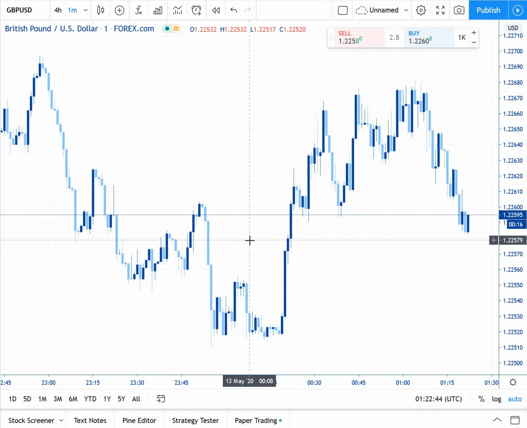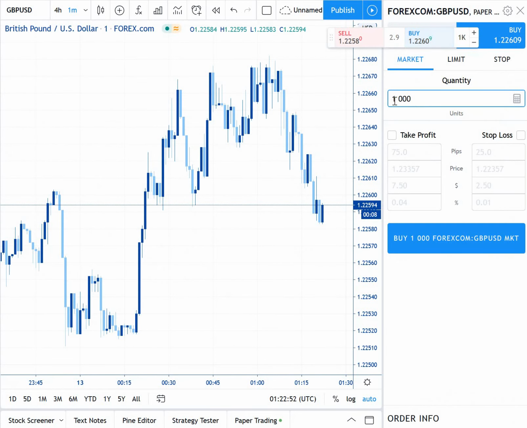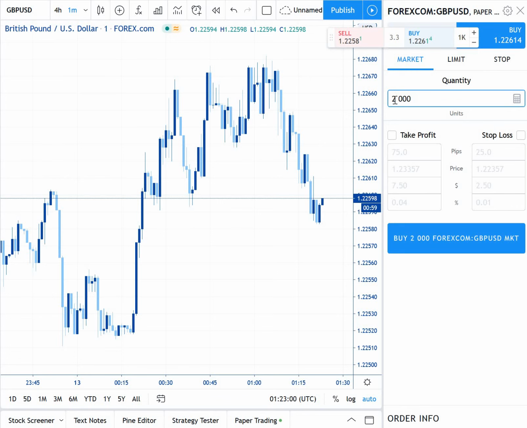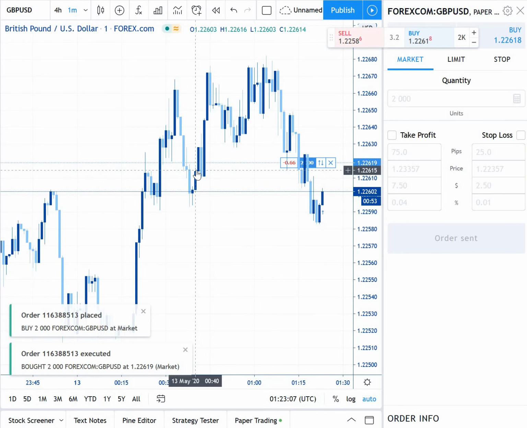I'm going to buy this with the expectation that it's going to go up. This is not recommended if you're a beginner, by the way. I bought it. Again, this is not the best way to buy.